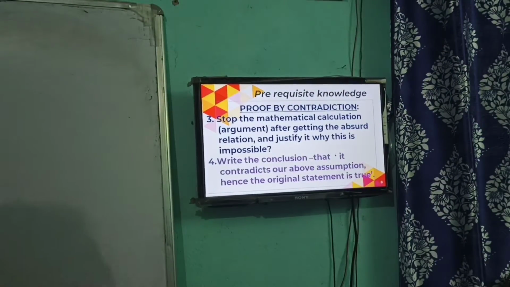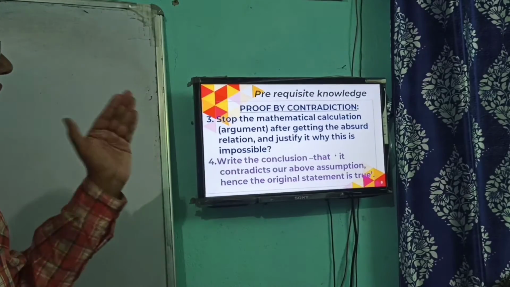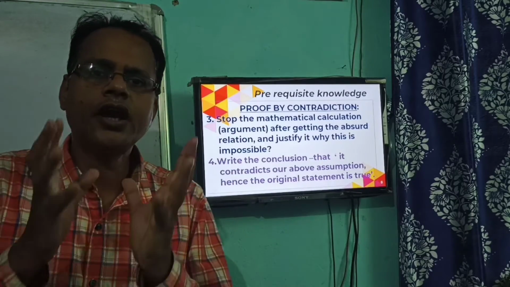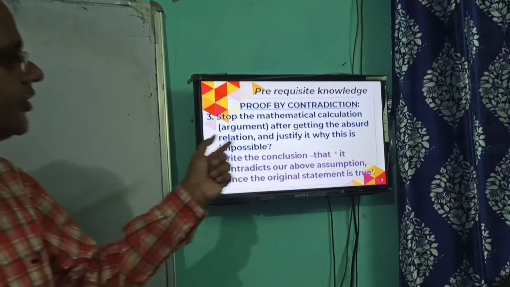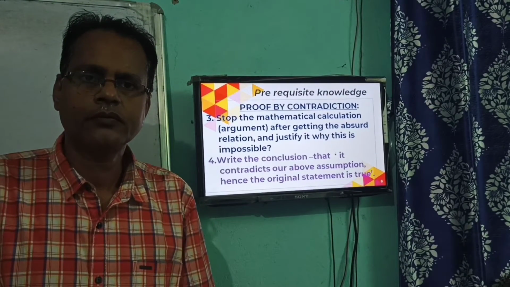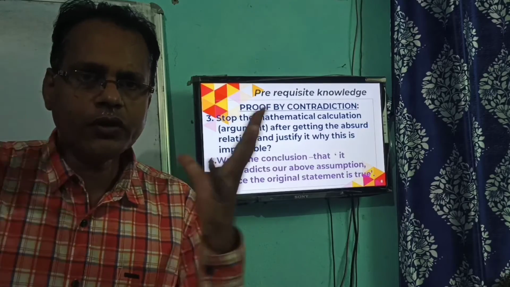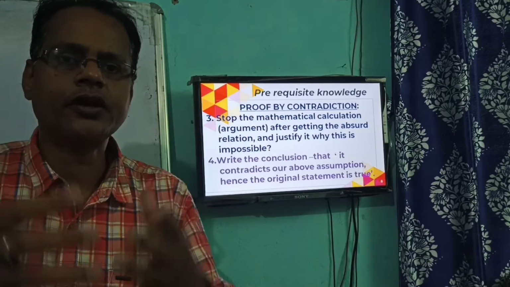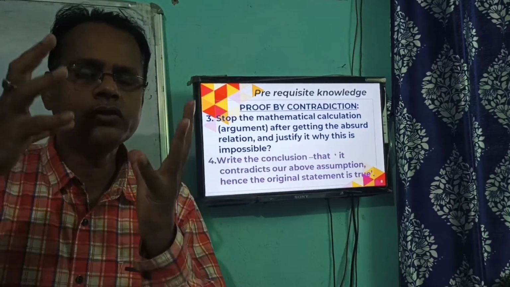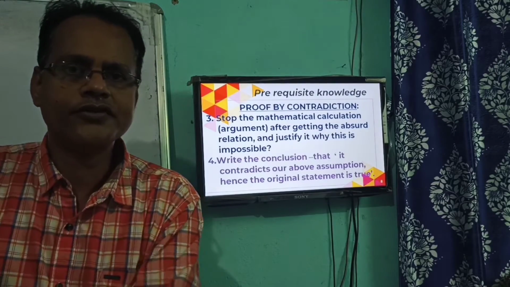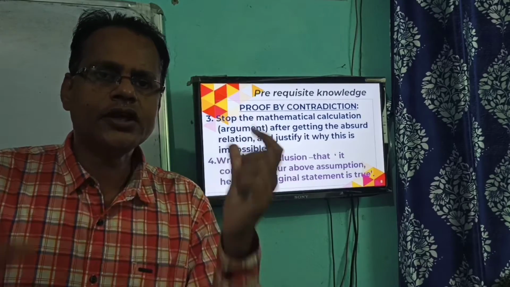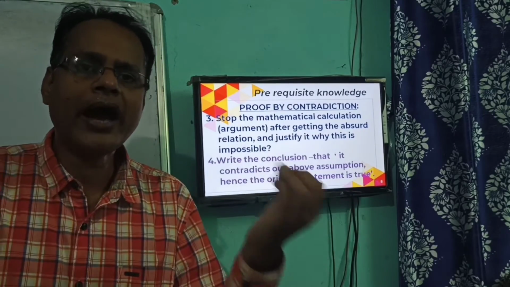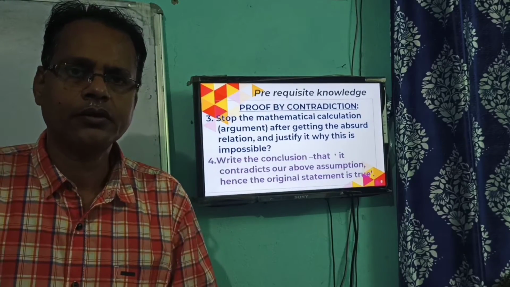Then the third step: stop the mathematical calculation or argument after getting the absurd answer or relation, and justify why this is impossible. So when you get that absurd answer, at that moment you stop your mathematical calculations and try to justify why this impossible thing is obtained.